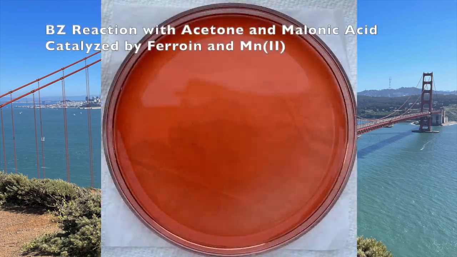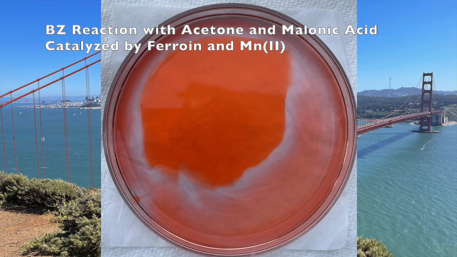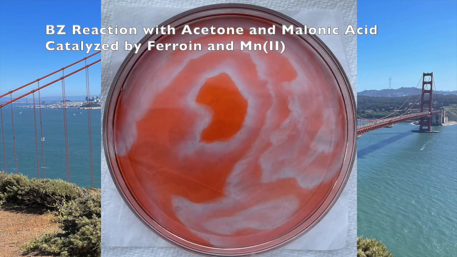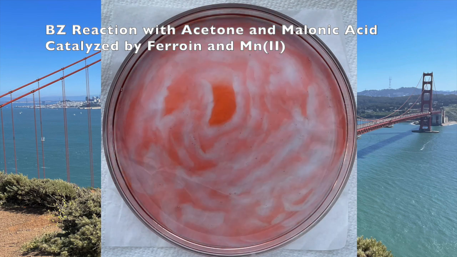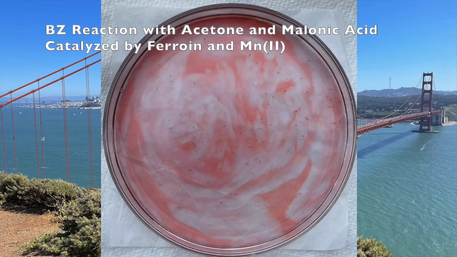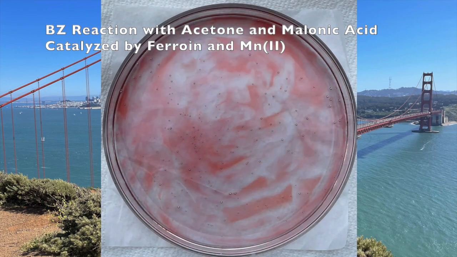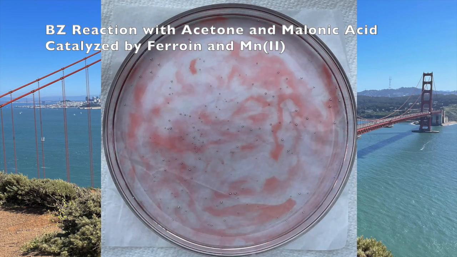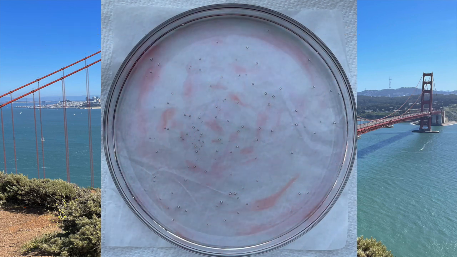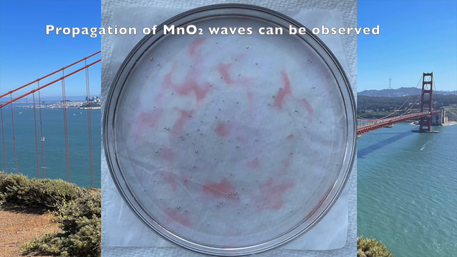Similarly, this reaction can be catalyzed by ferroin and manganese too. After generating intriguing patterns, the reaction mixture will form the brown manganese dioxide precipitate, which is characteristic of manganese-catalyzed BZ reactions. We can even observe the propagation of waves of manganese dioxide particles.